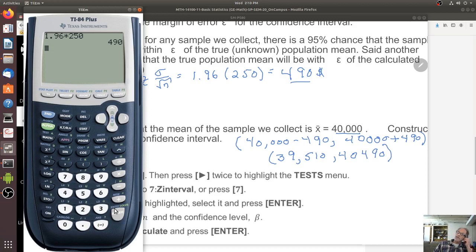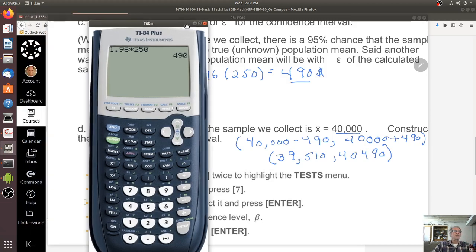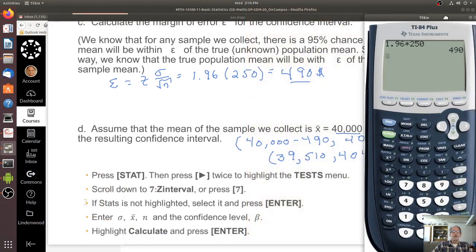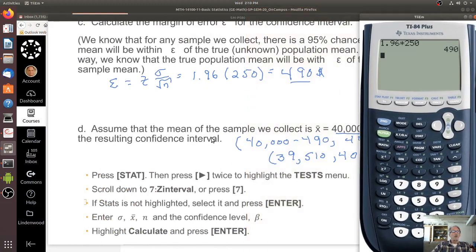So let's see what the calculator gives us. Here are the steps to use the calculator. Press the stat key. Arrow over to tests. Scroll down to number 7, Z interval.